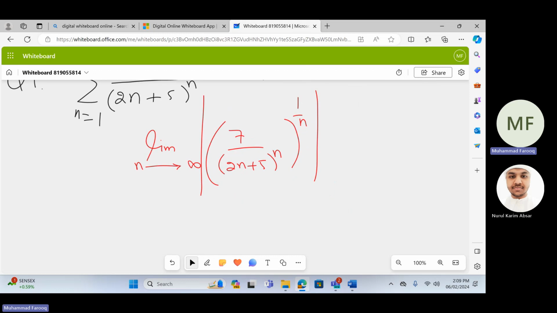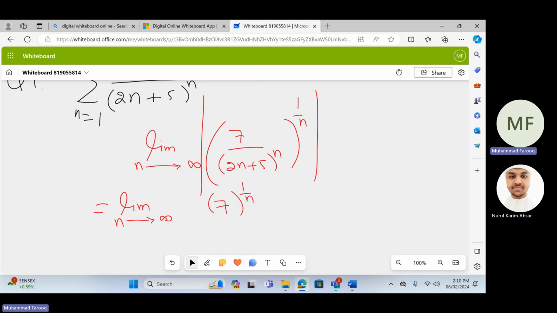Now, because we are calculating the nth root, and the question has two parts, numerator and denominator, this nth root will apply on the numerator, and also on the denominator. So now, limit as n approaches infinity. The 7 has root how much? 1 over n, the nth root.